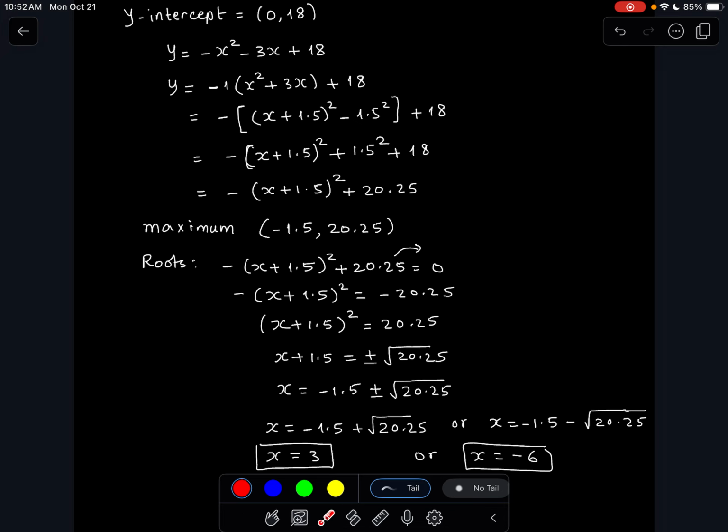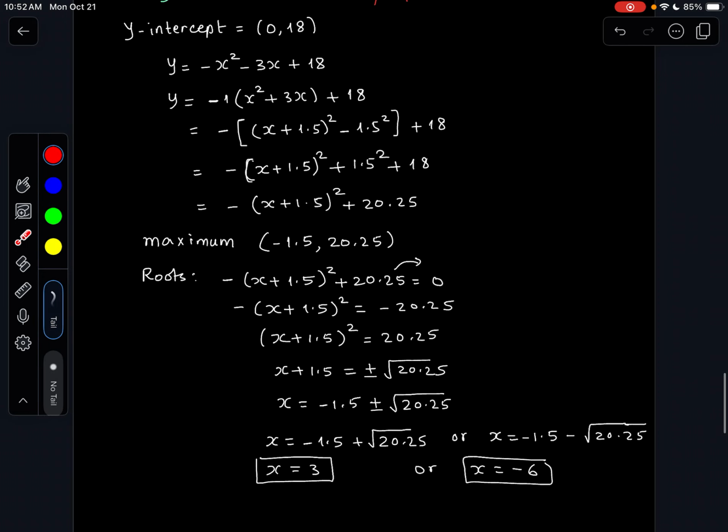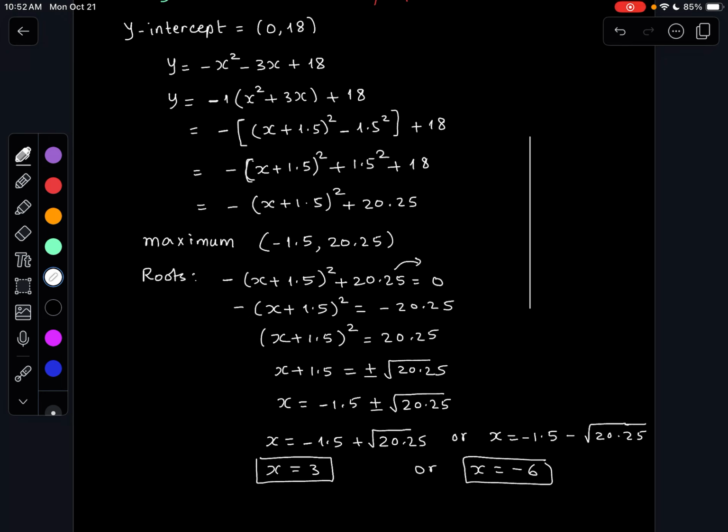So I'm just going to move this onto the side so that I have some space. I'm going to sketch the graph now. Remember, it is a sketch, it's not an accurate graph. So look at the roots. You're having 3 and minus 6. That means you would need more space on the left side.